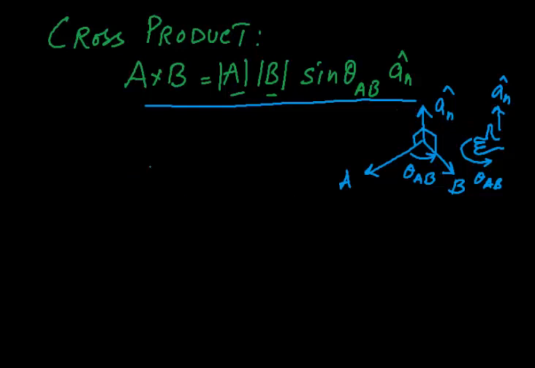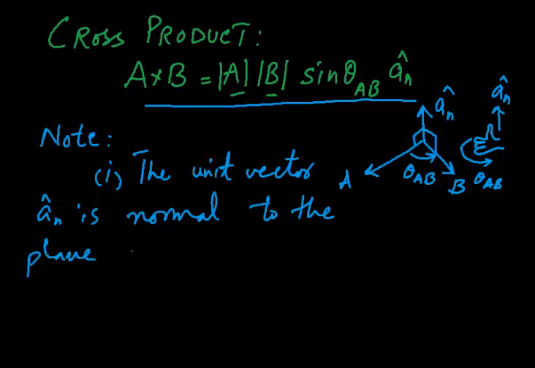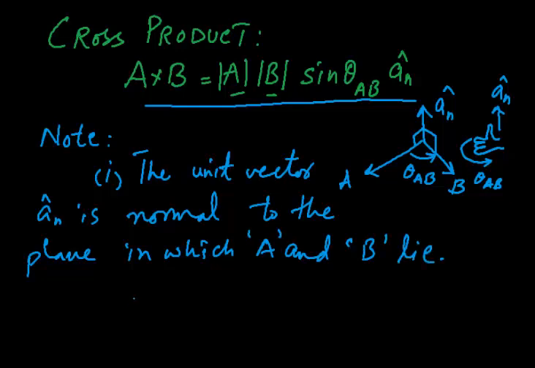Let's note a few things about the normal vector. First, the unit vector an is normal to the plane in which vector a and vector b lie.